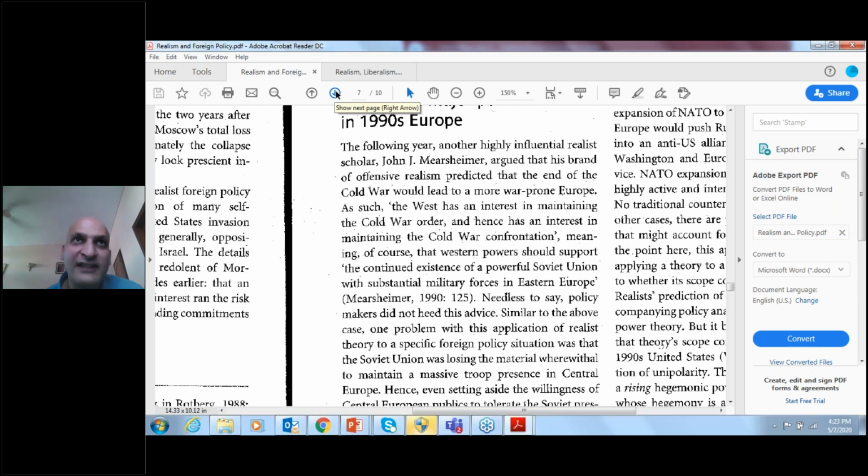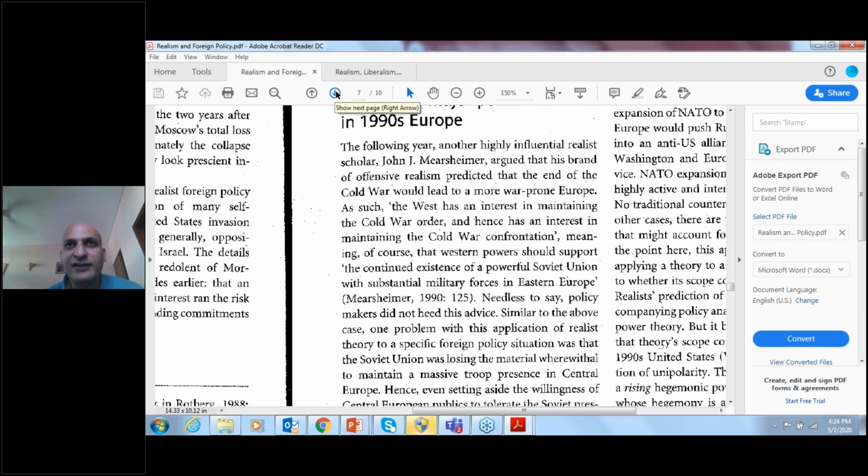This theory is called offensive realism, that all countries actually want something called hegemony. Hegemony means that they should be the most powerful actor in the system. They should be able to control the system. And it means a kind of monopoly of power.